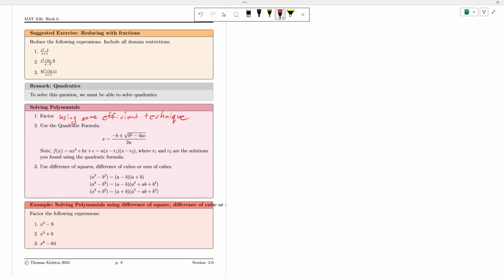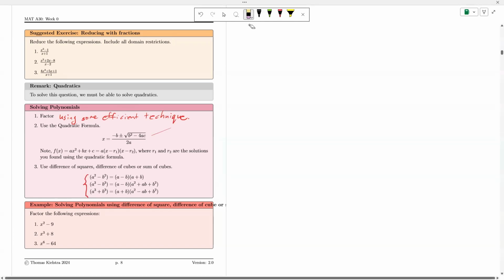As well as our sum of cubes. These three formulas are very, very useful. Now, the three formulas are really useful to factor, but they're used a lot more often when using a technique called rationalizing the numerator or rationalizing the denominator.